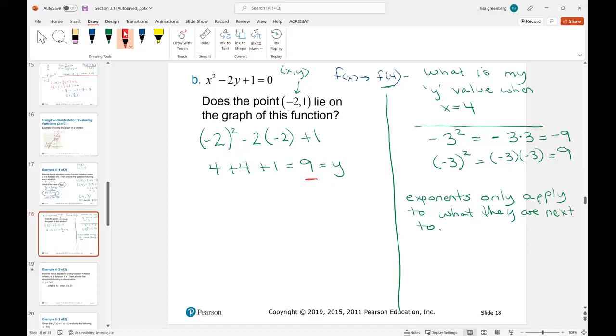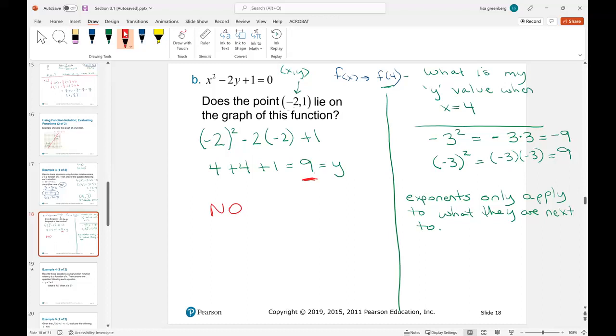So when I plug in those values of -2, I get 9. I don't get 1. So that means this point does not lie on this graph.